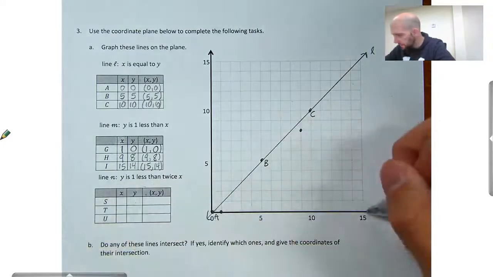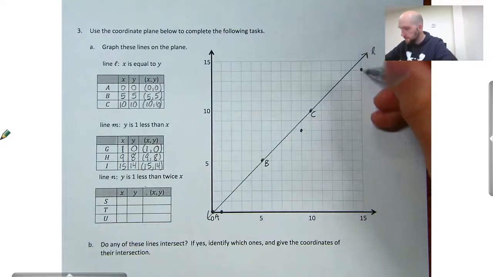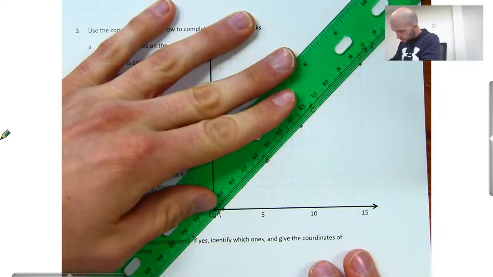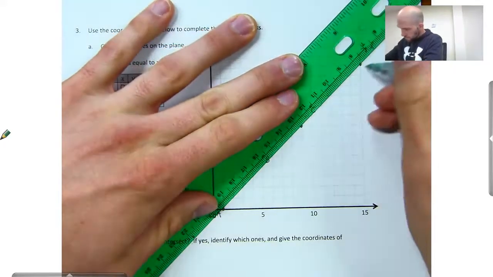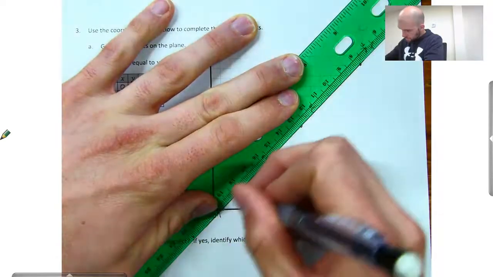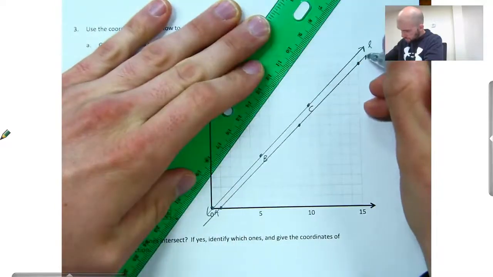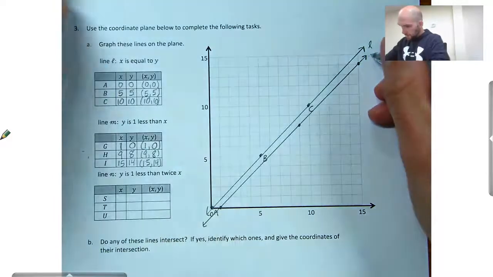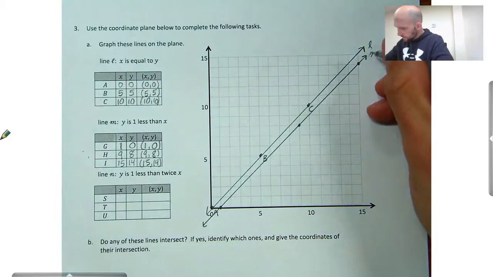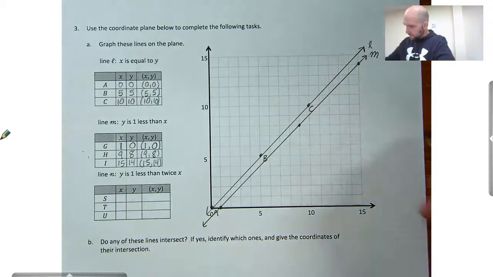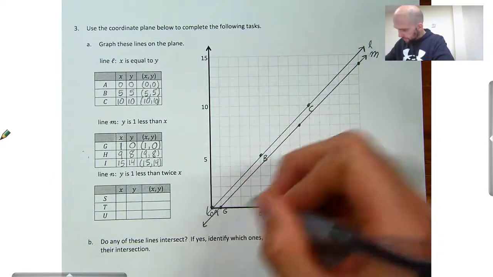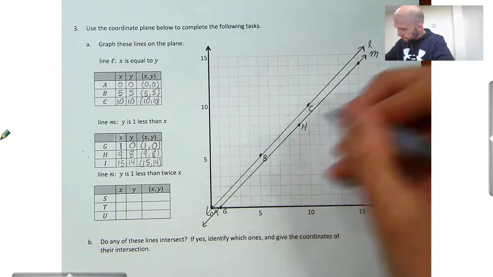And we have 15, 14 right here. These two lines are going to run parallel. These will never cross. This is line M. And these are points G, H, and I.